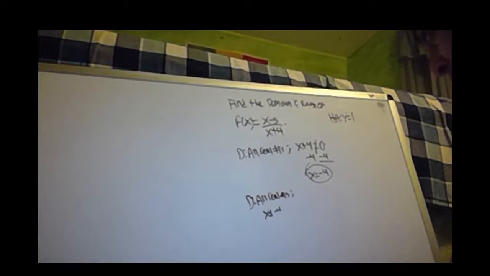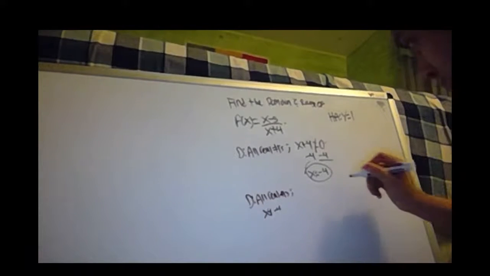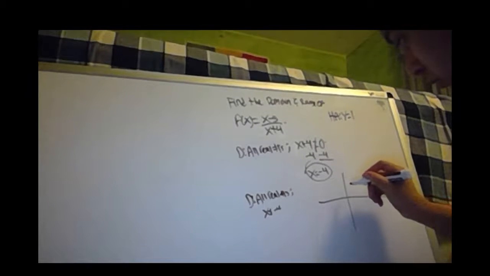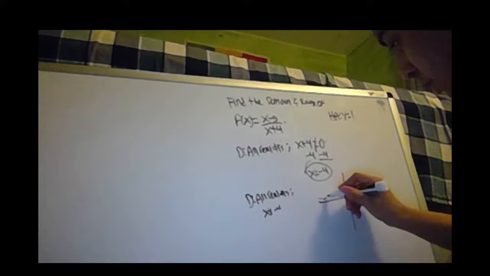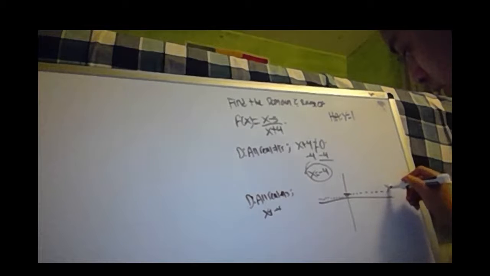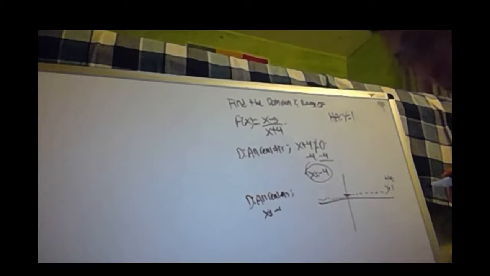Of course, you don't have to graph it. This is just so I can show you guys. Obviously, the next example, we're going to do it without the graph. But I'm just showing you guys how it looks. So the horizontal asymptote is y equals 1, right? This is y equals 1.